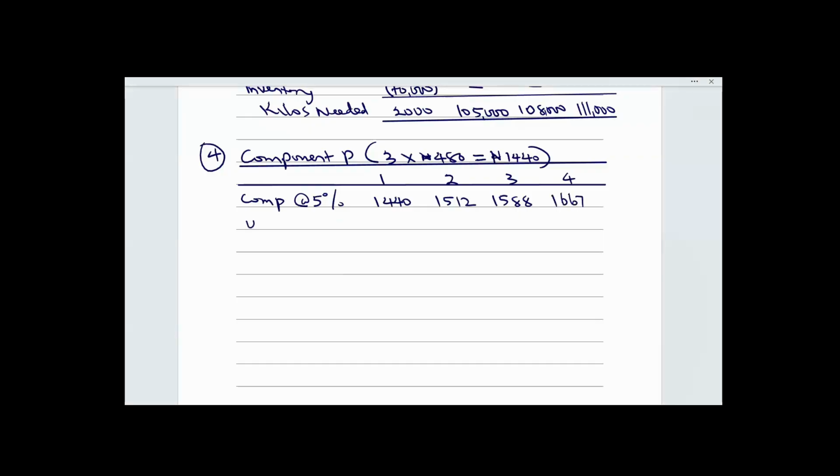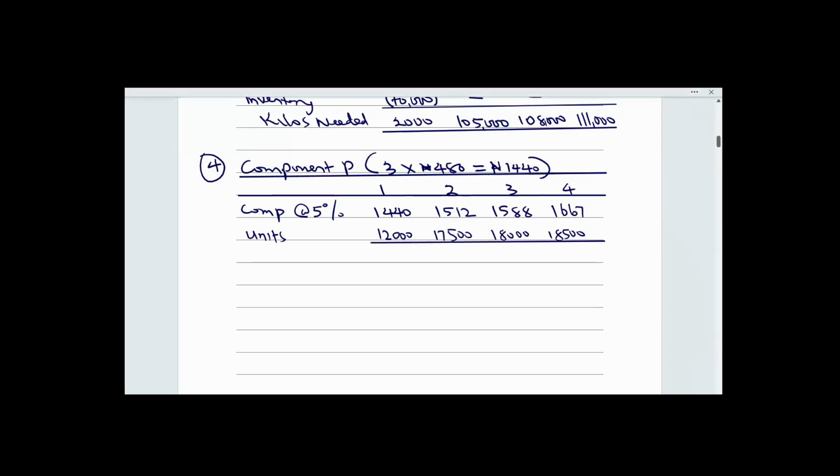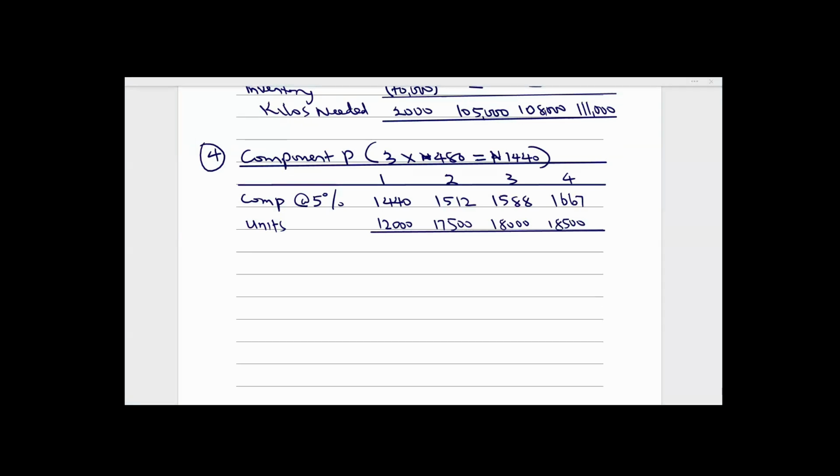You then multiply with units. 12,000 units, 17,500, 18,000, 18,500. We multiply 1,440 by 12,000 units, equal to 17 million.